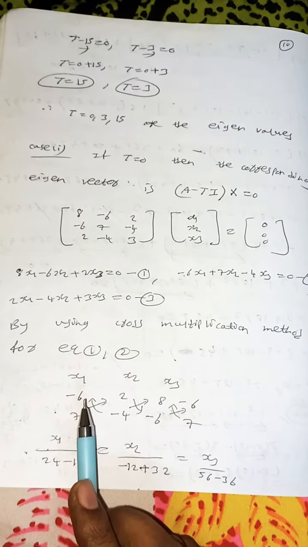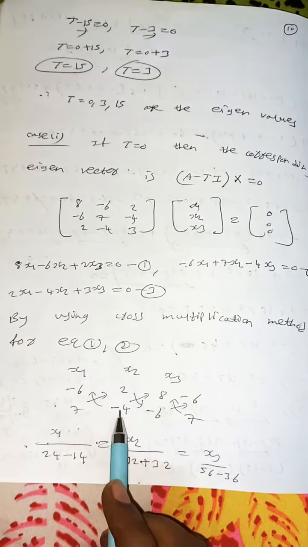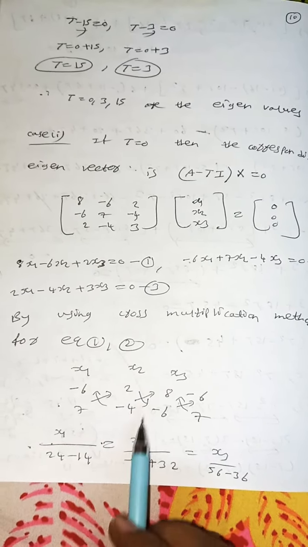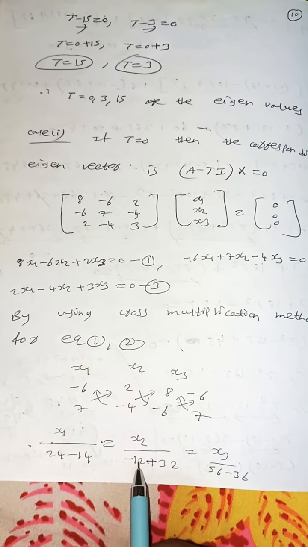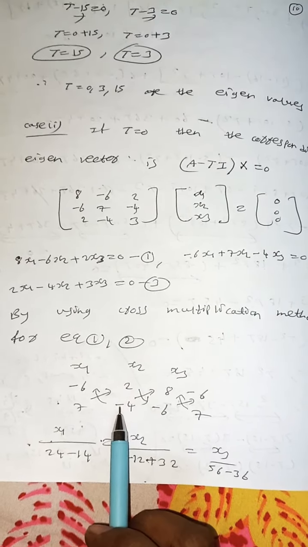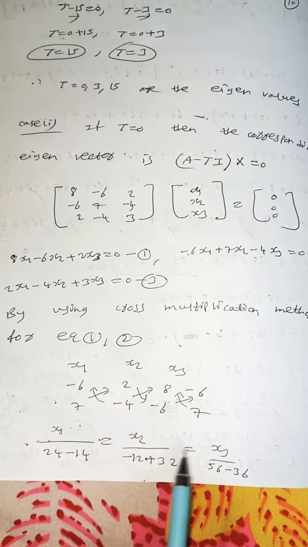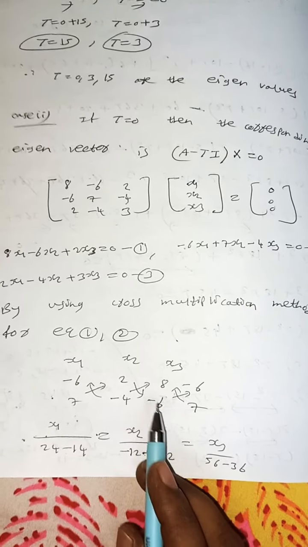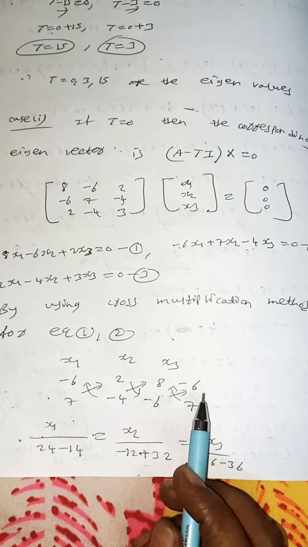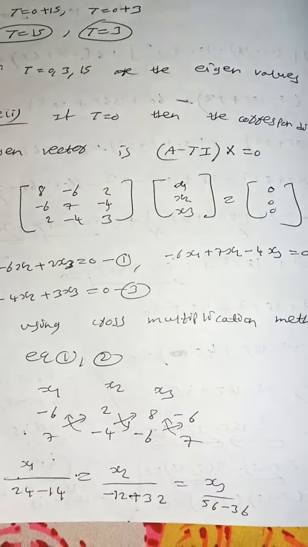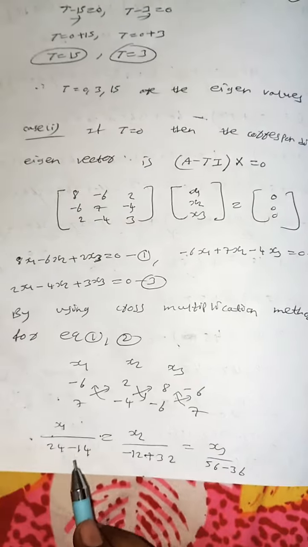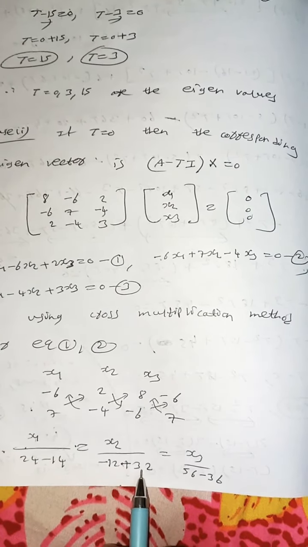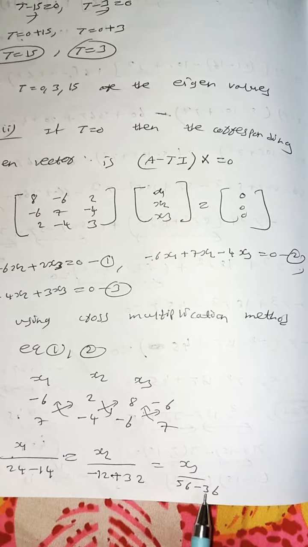So x1 by minus 6 into minus 4, which is plus 24, minus 7 into 2, which is 14. x2 by 2 into minus 6 is minus 12, and plus 4 times 8 is 32. x3 by 8 times 7 is 56, minus 6 times 6 is 36. So 24 minus 14 is 10, minus 12 plus 32 is 20, 56 minus 36 is 20.